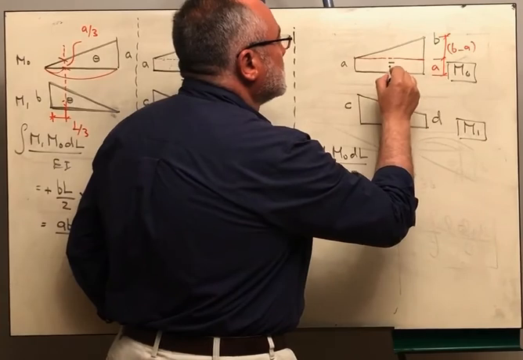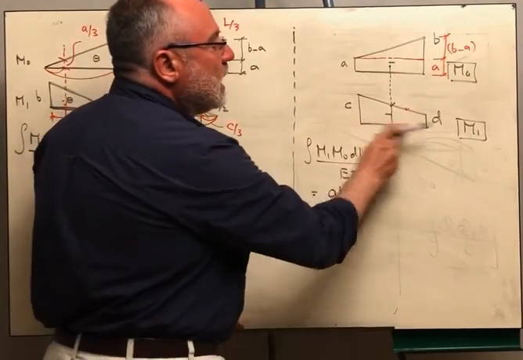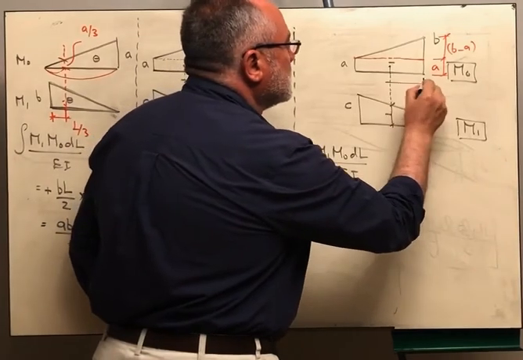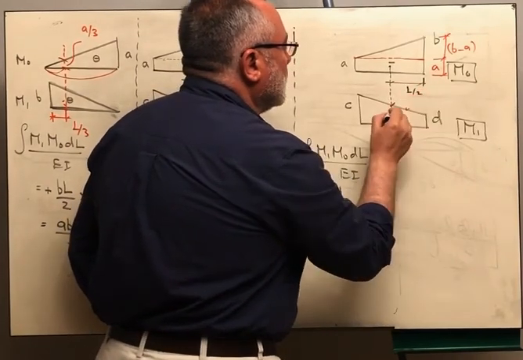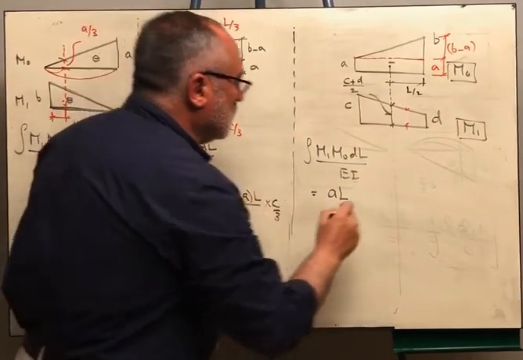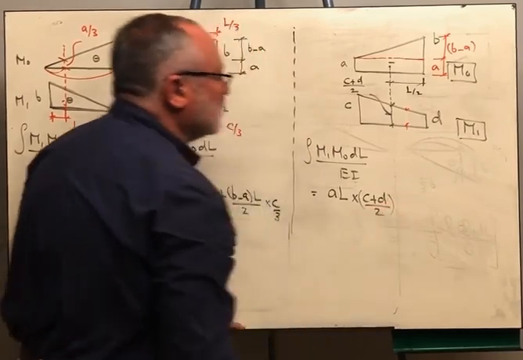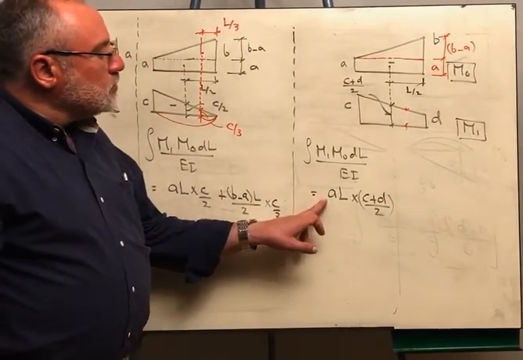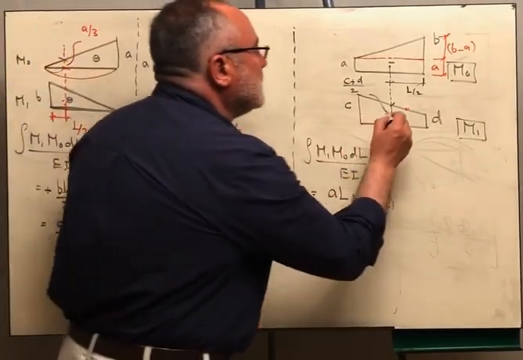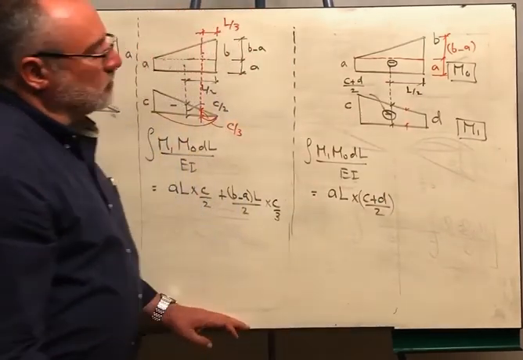The centroid here is found in the middle. The respective ordinate will be the average because this distance is L over 2. This value should be C plus D over 2. Okay, this is C plus D over 2. The sign here is positive because I'm integrating a negative diagram on another negative diagram like this.